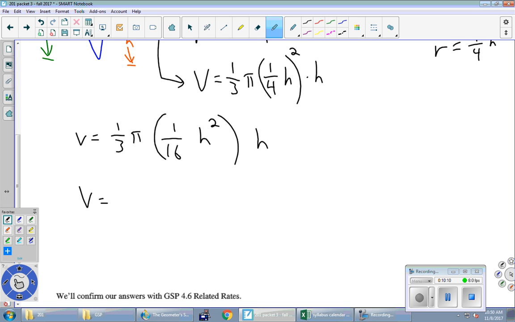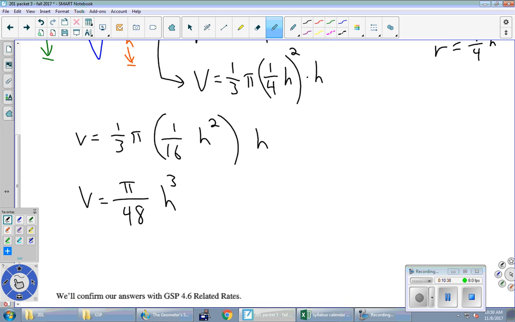So I'm going to group the pi and the 3 and the 16 together. 3 times 16 on the bottom, that's a 48. So that's all my constant multipliers in the front. And then h to what power? h to the 3rd, right? h squared times h. No, all good.